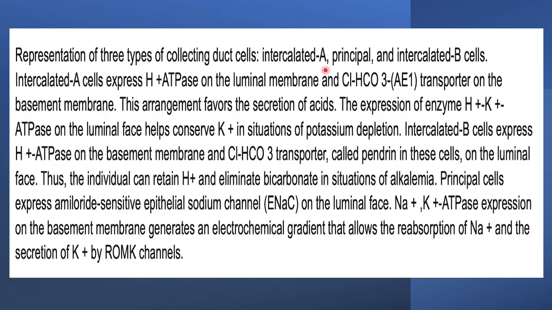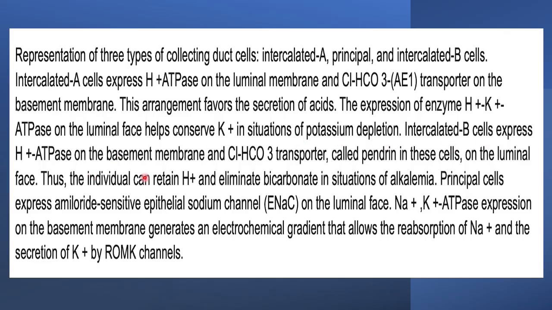As we discussed, there are three types of cells: intercalated A, principal, and intercalated B cells. The arrangement favors the secretion of acid by the intercalated A cell. The hydrogen potassium ATPase pump at the luminal surface converts potassium in situations of potassium depletion.